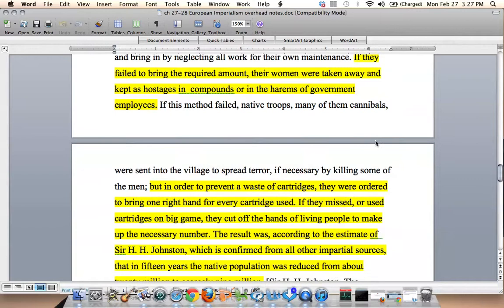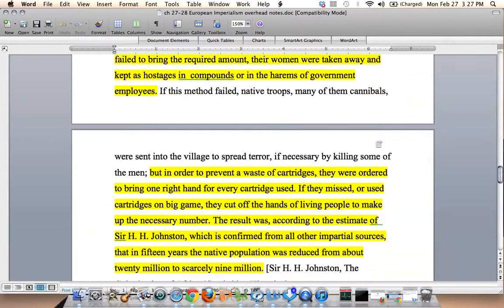This part on the wasted cartridges is unbelievable. Cutting off people's hands, so they wouldn't waste cartridges. They cut off the hands of living people.